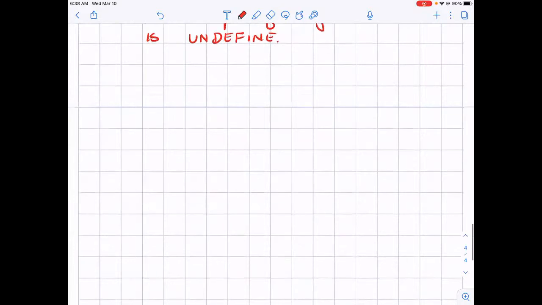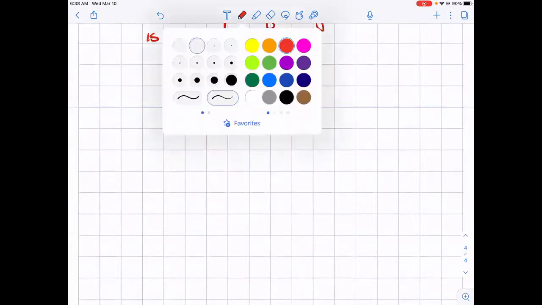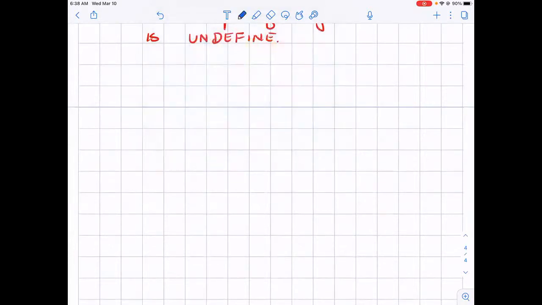Now, for the common parent functions, let's start off by looking at the identity function.